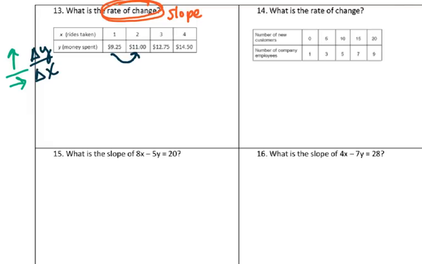So from $9.25 money spent to $11, how much did it change? So to figure how much it changed, just do y2 minus y1. So 11 minus 9.25.